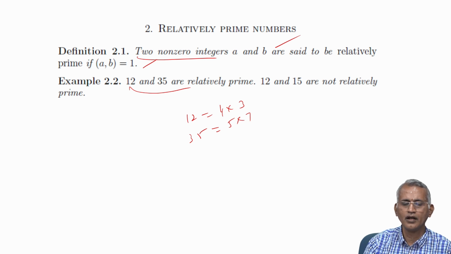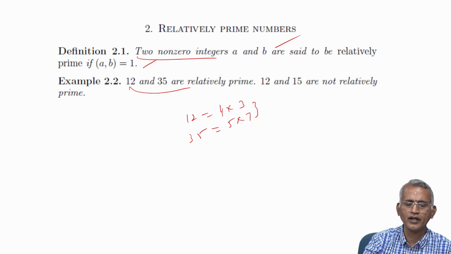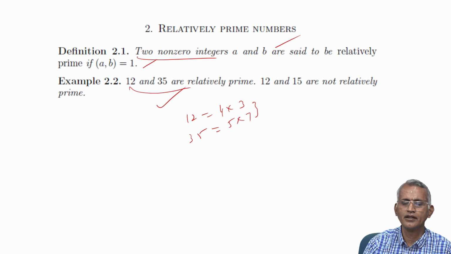Now, you see they have no common factor other than 1, therefore 12 and 35 are relatively prime, the GCD of the two numbers being 1.